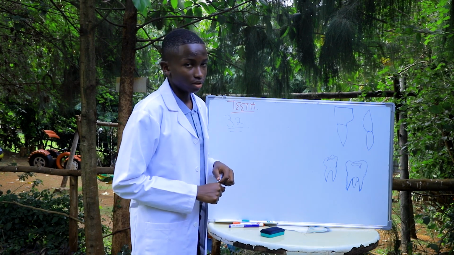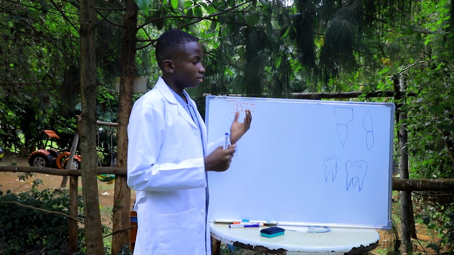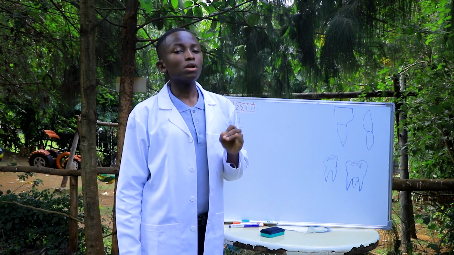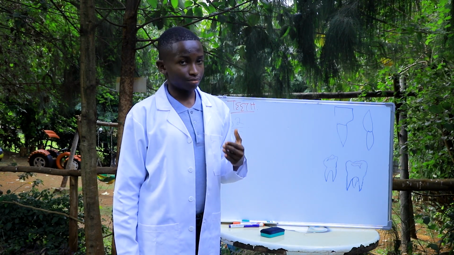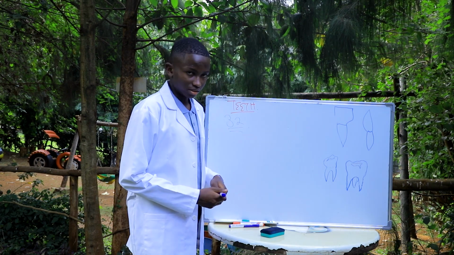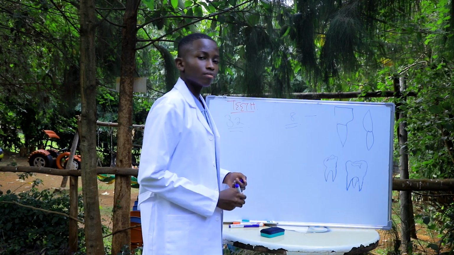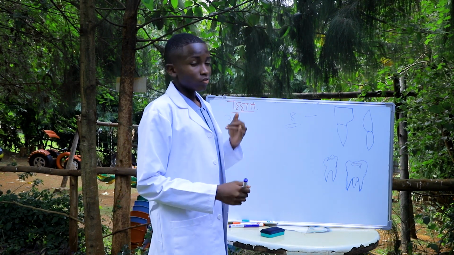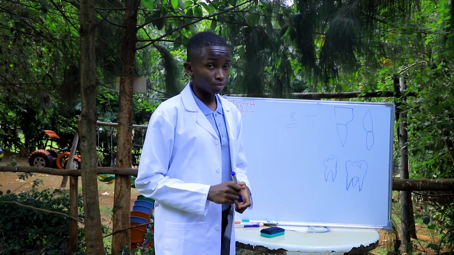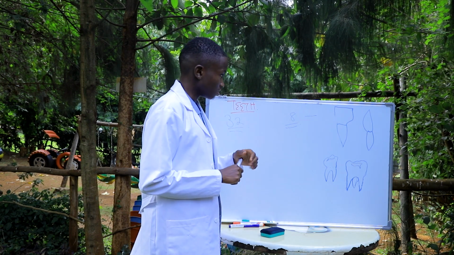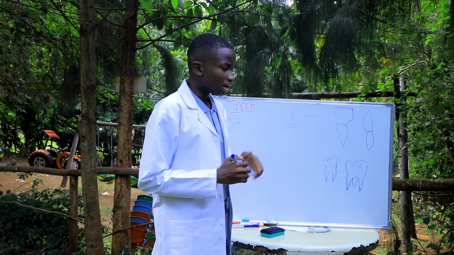The incisors, the canines, the premolars, and the molars all have a distinct number. The incisors are usually 8: 4 on the upper jaw and 4 on the lower jaw. That comes to a total of 8. The canines are 4.